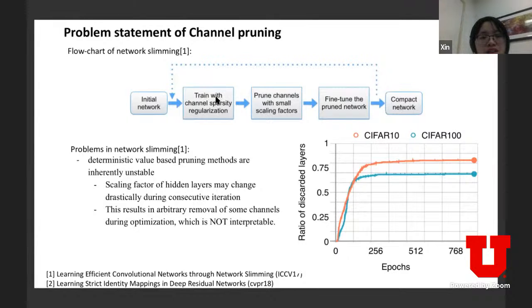Firstly it will train with the regularization on the sparsity of gamma, and then it will learn the scaling factor. It will sort the scaling factor, or actually here it doesn't need to sort, it just uses a threshold. When the learned scaling factor is very, very close to 0, it will force it to be 0. It means that it will prune that channel. After pruning, it will fine-tune this network. So in the whole training, it will repeat this procedure until we get the final well-trained network.